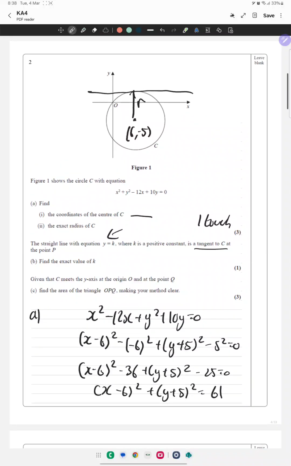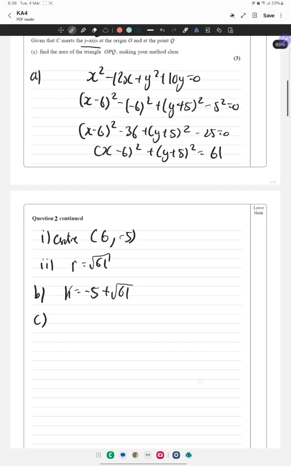Part C. Given that C meets the y-axis at the origin and the point Q, find the area of this triangle. Now let's not worry about the triangle just yet. Let's worry about the point Q. So on the y-axis, that means x is 0. So let's find where x is 0.